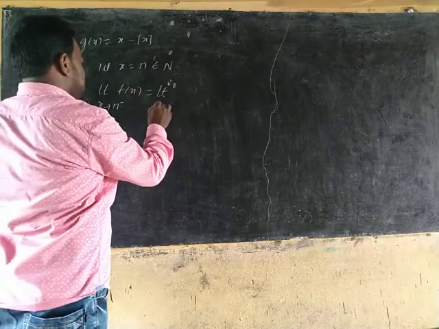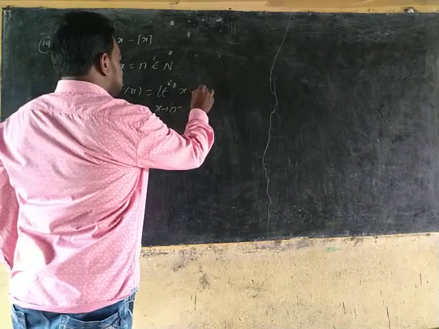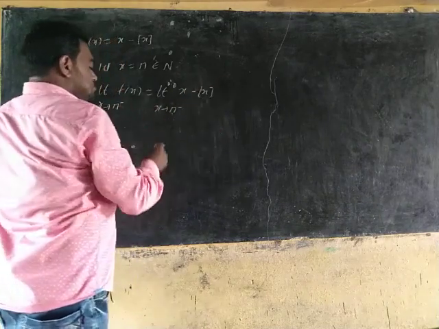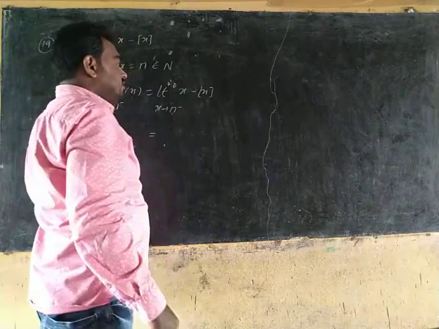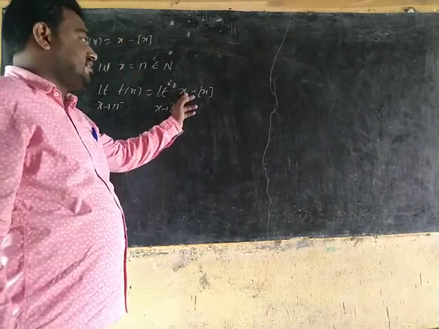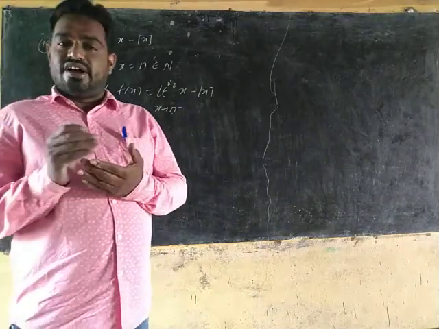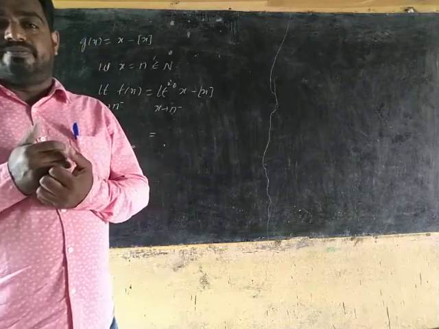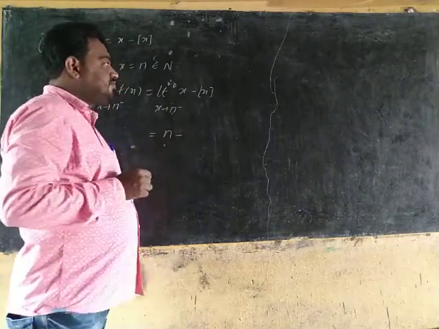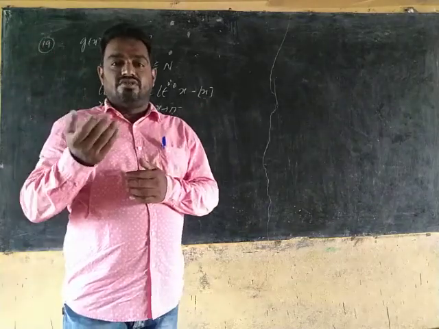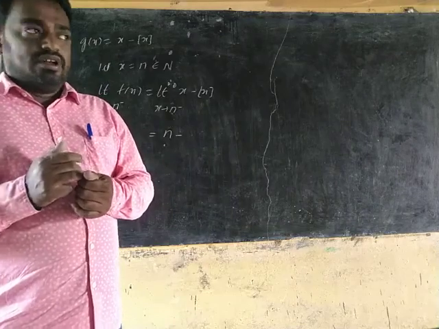That equals the limit as x tends to n minus of x minus [x]. So in place of x we substitute n minus. N minus means approximately equal to n, not equal to n. For example, I am taking n equals 2, which is an integer.